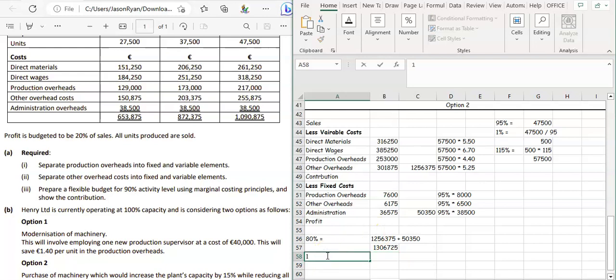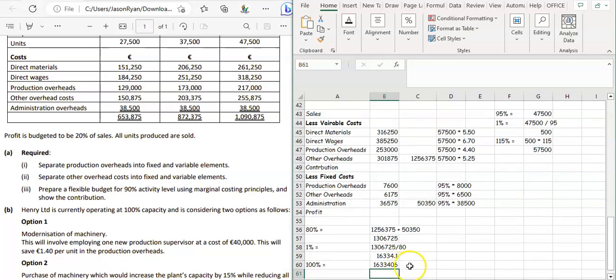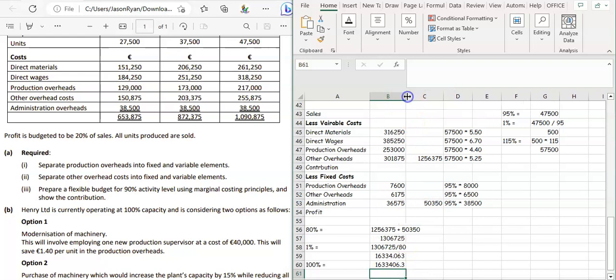So 1%, so 100% then is equal to 16,334 multiplied by 100. Okay, so remember, keep it to two decimal places if it's there.